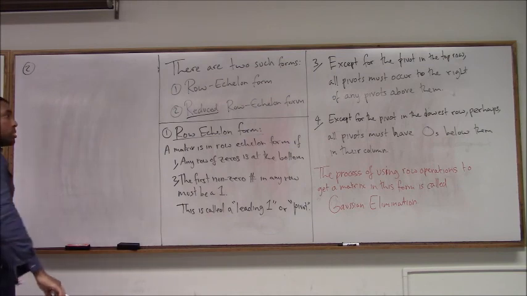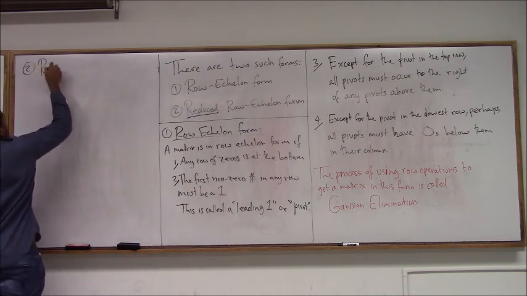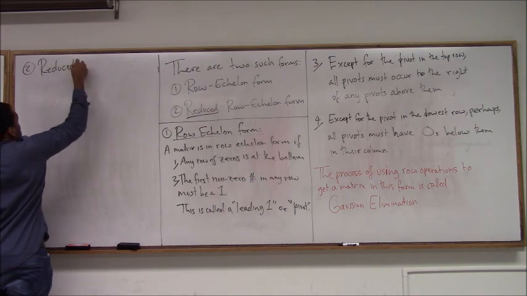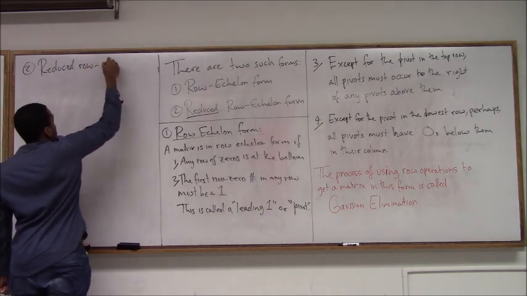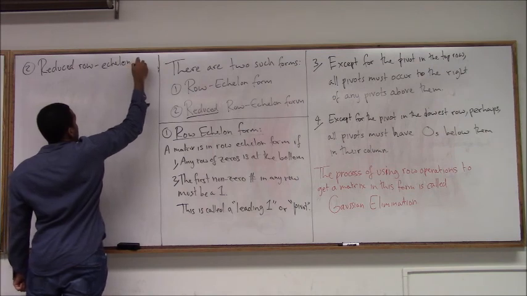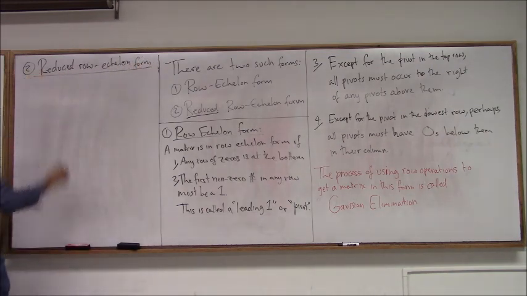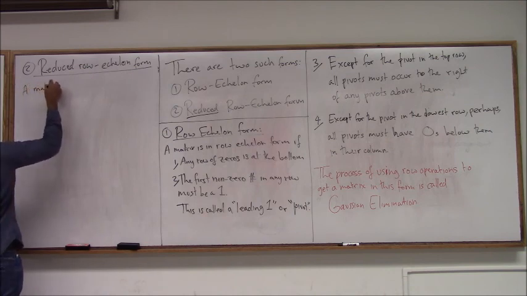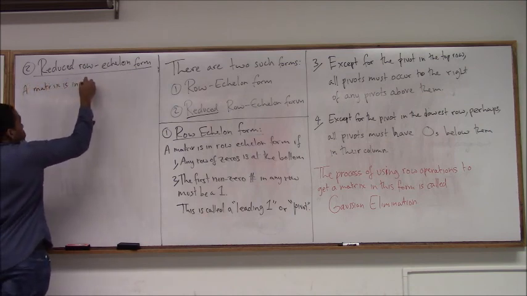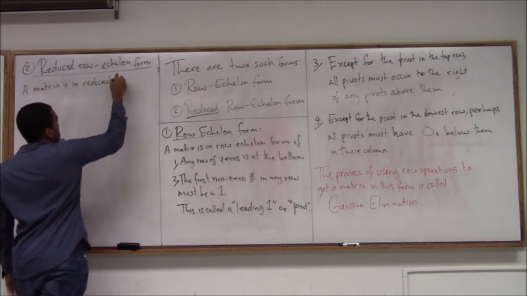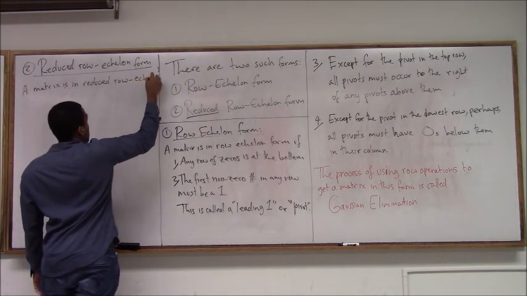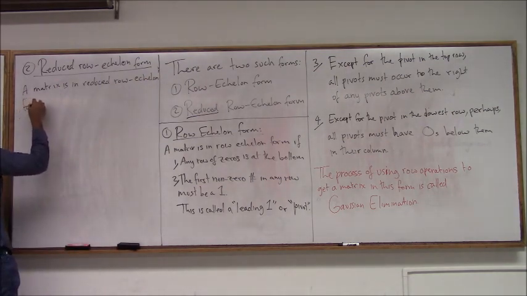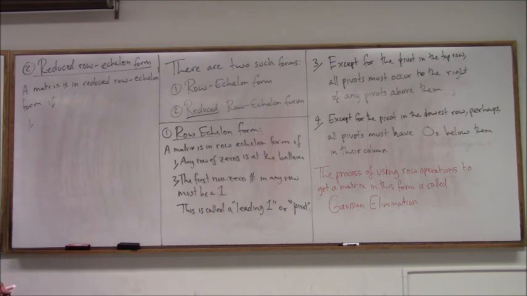So here's the second one. This is called reduced row echelon form. A matrix is in reduced row echelon form if, one, it's already in row echelon form. So reduced row echelon form is going to take it a step further.